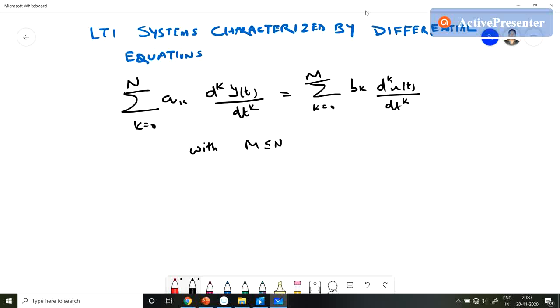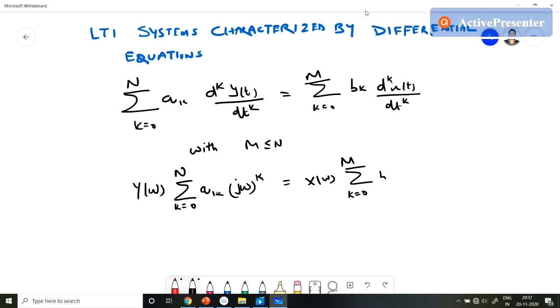So if we take the Fourier transform on both sides, what we will get is Y(omega) summation k equals 0 to capital N a_k (j omega) raised to the power k equals X(omega) summation k equals 0 to capital M b_k (j omega) raised to the power k.